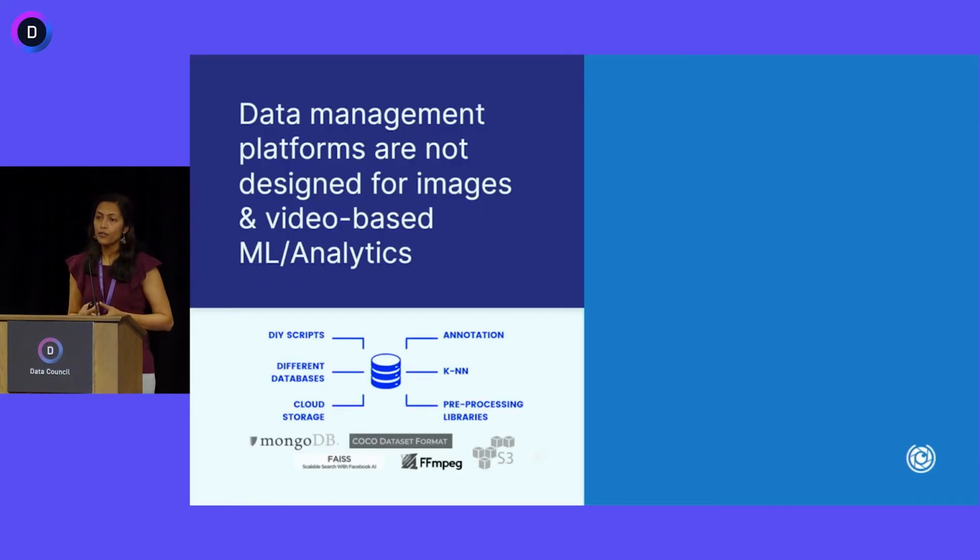Now, after hundreds of conversations with companies using or intending to use visual data, what we have realized is just how complex the landscape is for dealing with this data type. It's not just that you have to deal with image and video files when you're trying to do data science or machine learning. You also have to deal with other data types, like application metadata, annotations, sometimes embeddings, sometimes pre-processing libraries that need to go along.